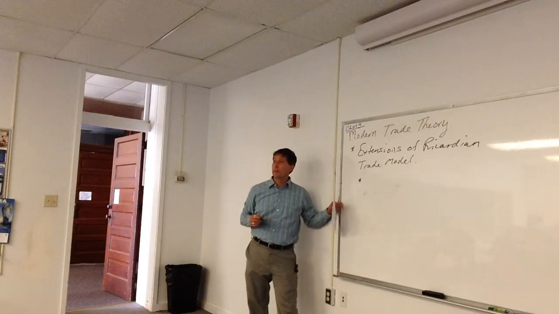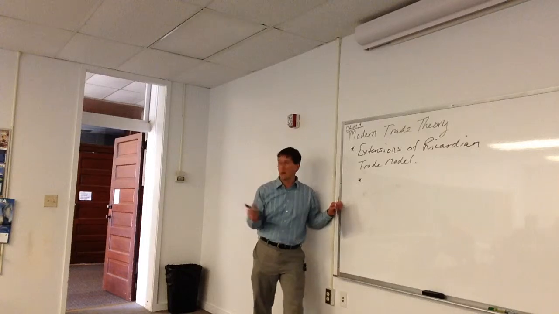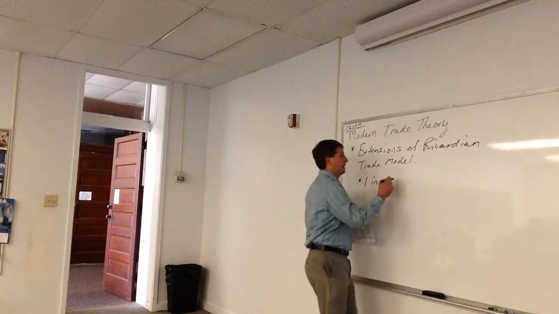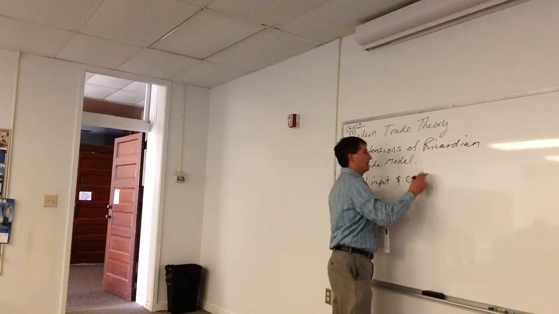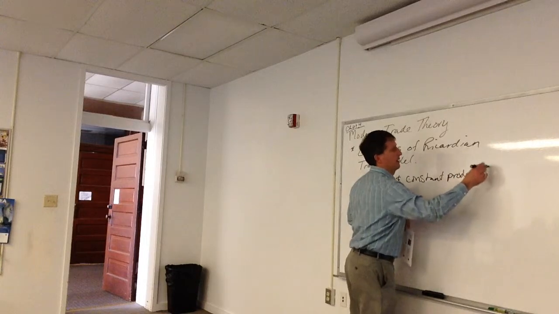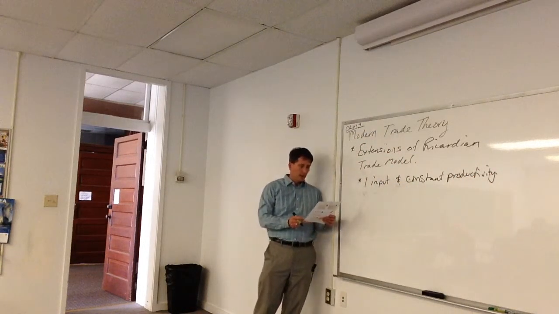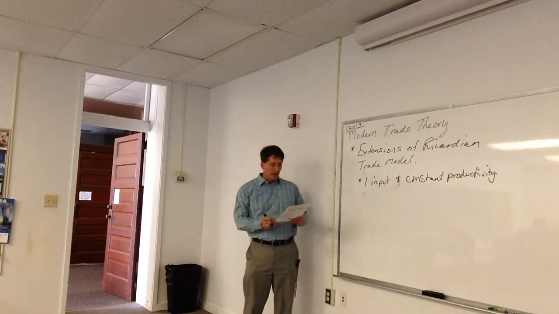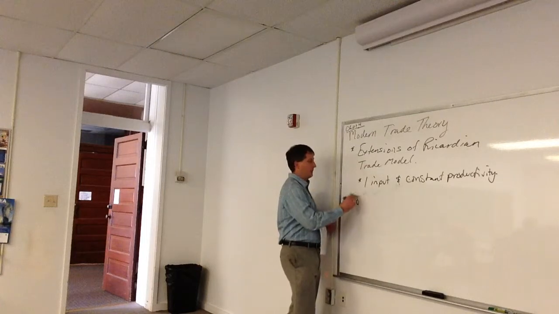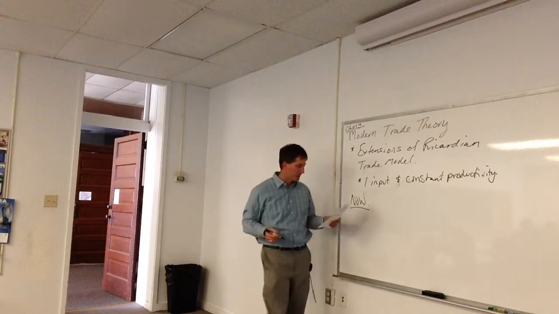Yeah, we had just the one input, right? So we had one input, and it was constant, right? And constant productivity, which gave us our straight line production possibilities frontiers. Okay, so now we're going to add on to that a little bit more.